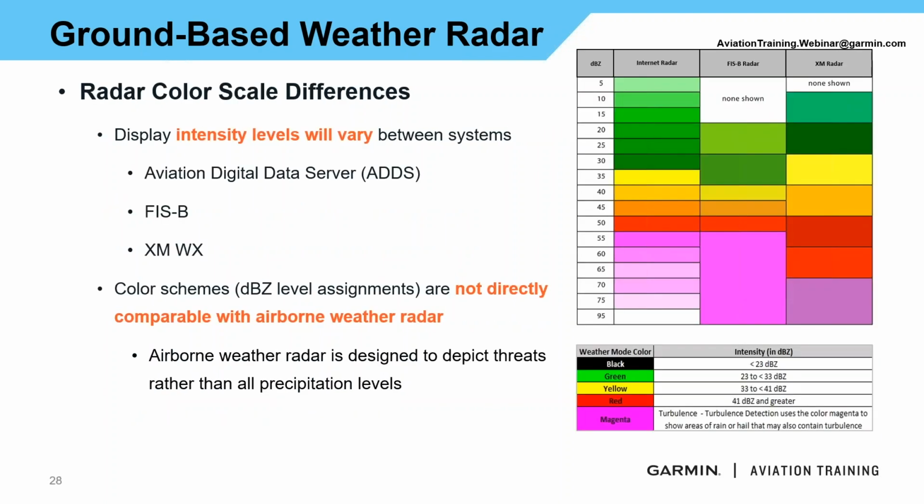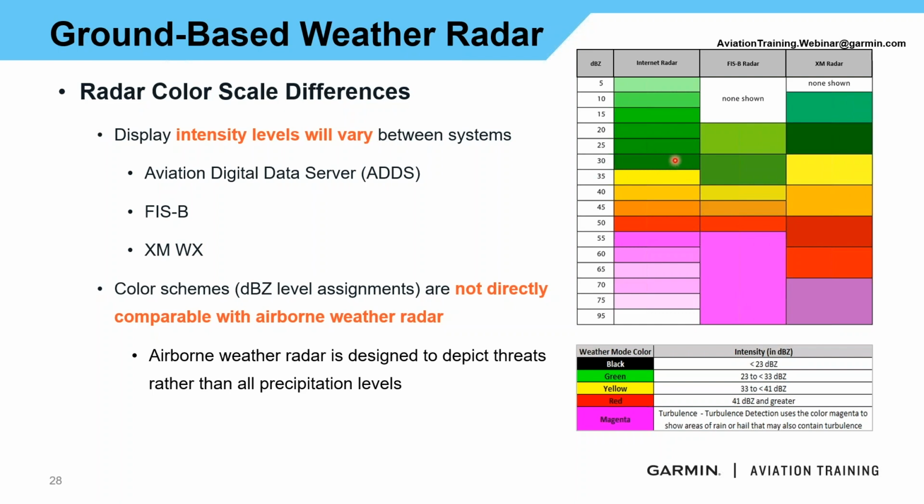All right, here is a great slide on why your display is definitely going to look different from FIS-B to XM to the airborne weather radar. Based on the intensity level, we're going to be referring to that as decibel values. The decibel is how we measure the intensity of the return. So 30 decibels is the example here. If we look at our internet-based radar, it's a dark green.